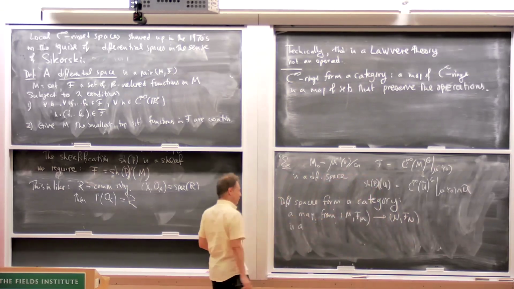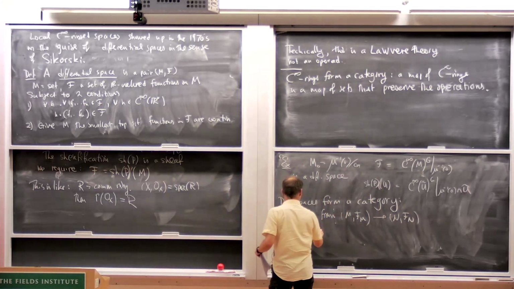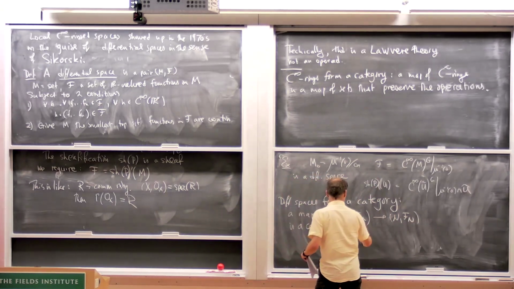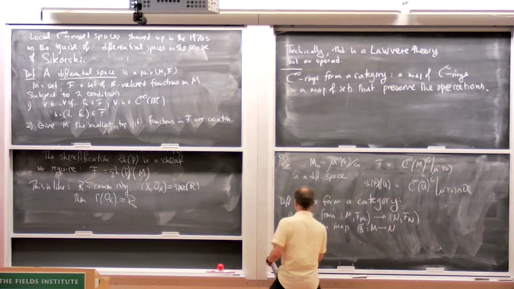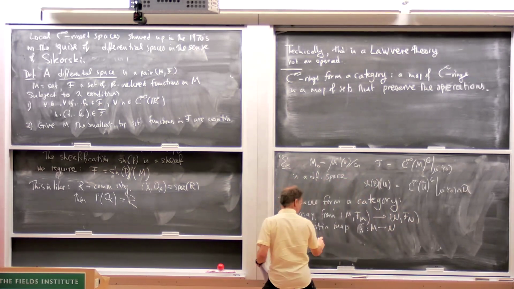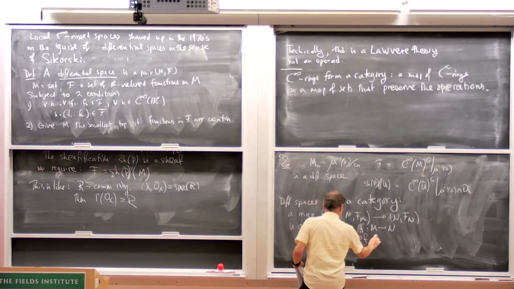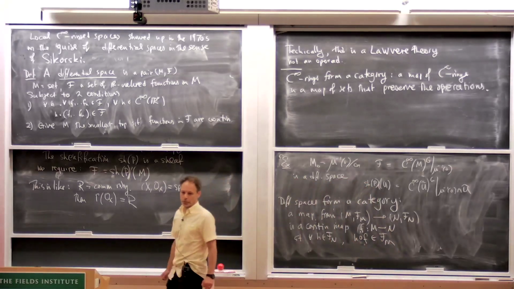So a map from one differential space to another is a continuous map F from M to N, such that for any h in F_N, h composed with F is back in F_M. Right, pullbacks of smooth functions are smooth.